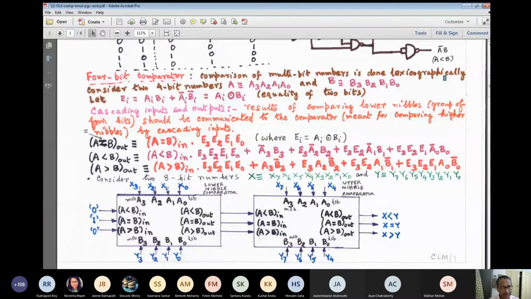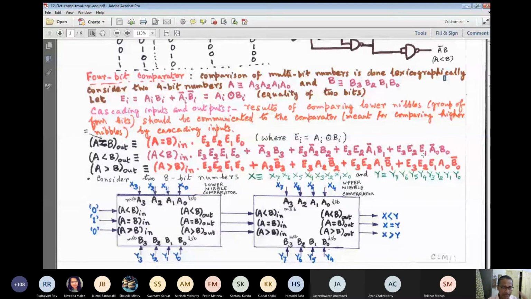for that, again, there are similar 5 conditions. It is just like the previous output, only the less than symbol gets replaced by A greater than B. That means instead of this cascading input becoming true, now only this cascading input becomes true. And the other conditions are not exactly the same as before.